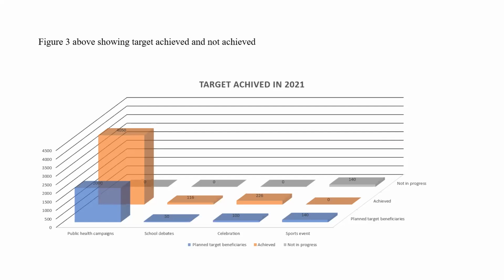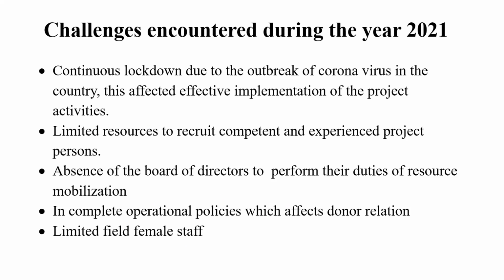For the celebrations, we targeted 100, but we were able to cover double. Something that is not done is the debate and sports events, with 140 participants to be reached, but we were not able to do it. We pushed it to year 2. Yeah, those were the challenges encountered in the course of the year.